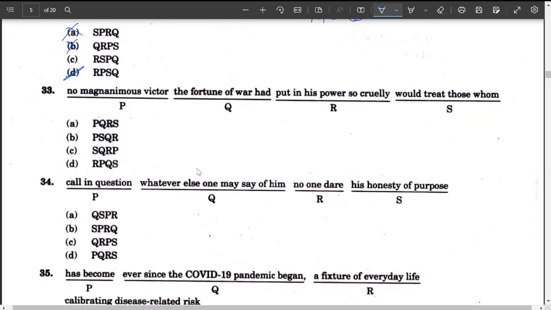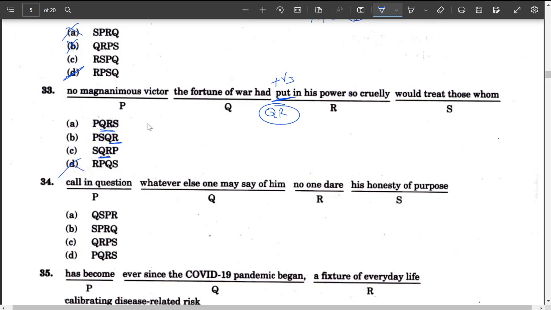Next, no magnanimous victor, the fortune of the war had. Okay, had is always followed by V3. So had V3, in the sense we can go with one combination, that is after had only put can be used as V3. So QR is one combination. Check for QR combination. QR is here, QR is here, QR is here. In three cases it is there. The fourth one we can eliminate here.